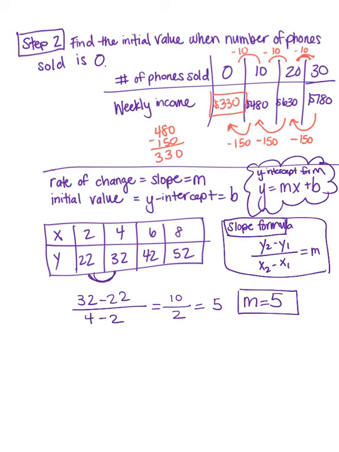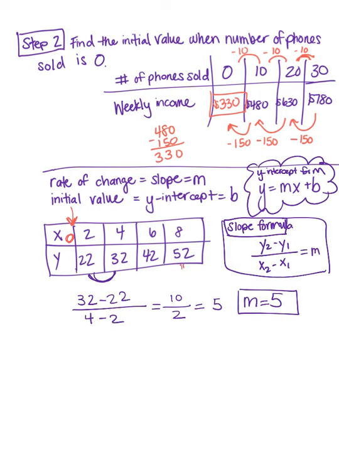Now the next part, we need to find the y-intercept. If you remember from the example before, we are finding the initial value, which is going to be whatever is here when x is 0. We're just going to work backwards from here.